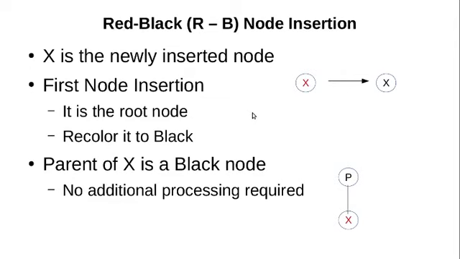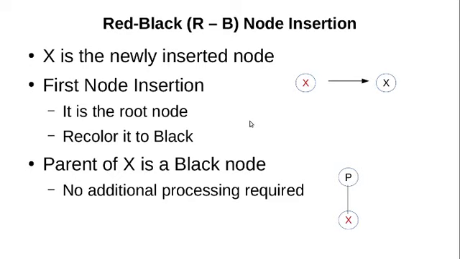Let's now discuss the red-black node insert procedure. X is the newly inserted node. We insert it as per the BST node insert procedure and color it red. We now check and fix the red-black property violations, if any. Let's consider the case when X is the very first node in the tree.